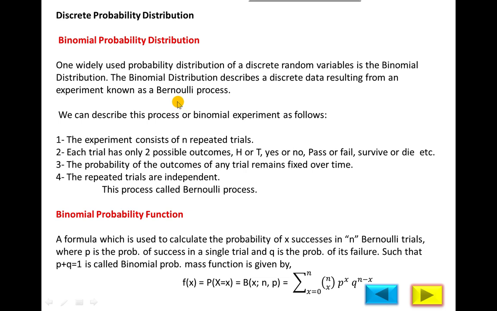If you distribute the probability according to the values of the outcomes of the random variable, suppose you throw a coin 3 times, the possible outcomes of the number of heads may be 0 heads, 1 head, 2 heads, 3 heads. You have done this question in the last video. So probability distribution means distributing the probability.